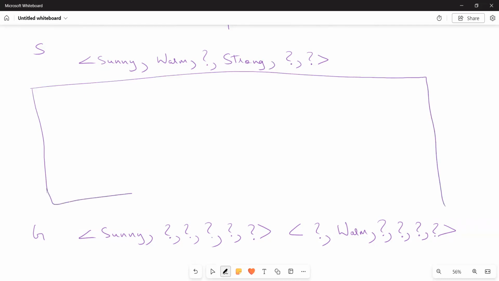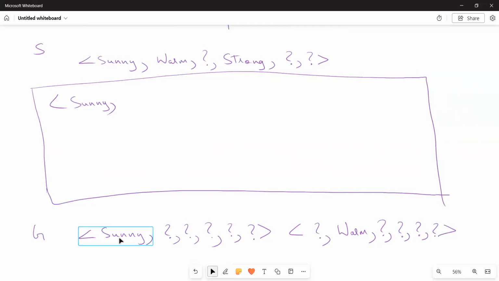This is how you are segregating your final hypothesis, so we are writing up Sunny. Let me remind you, we are not going for a full hypothesis comparison with another, but rather we are comparing each attribute, each specific value: Sunny and Sunny, then Sunny and Warm, Sunny and Strong. That is how it is.